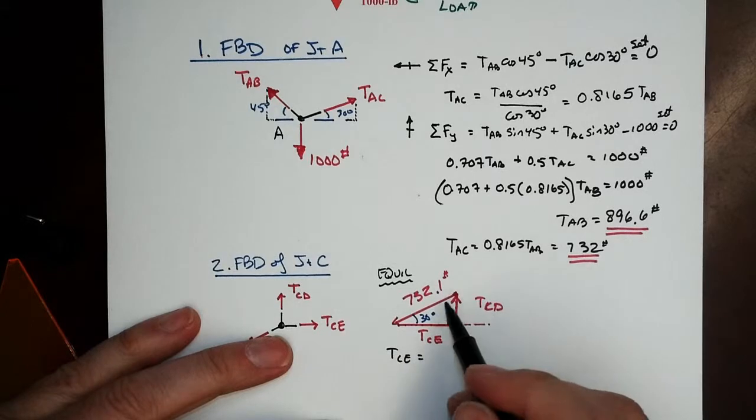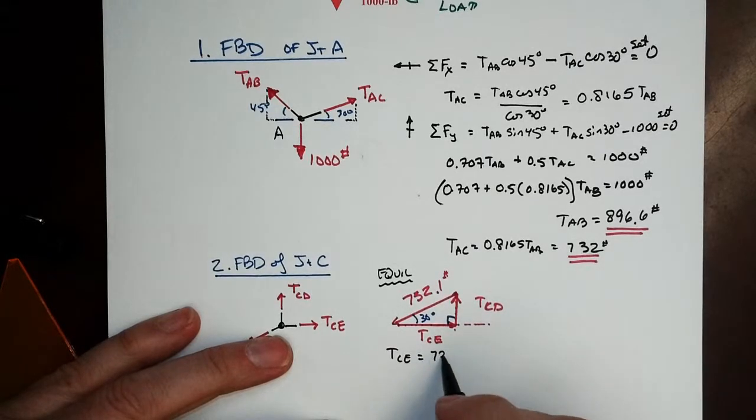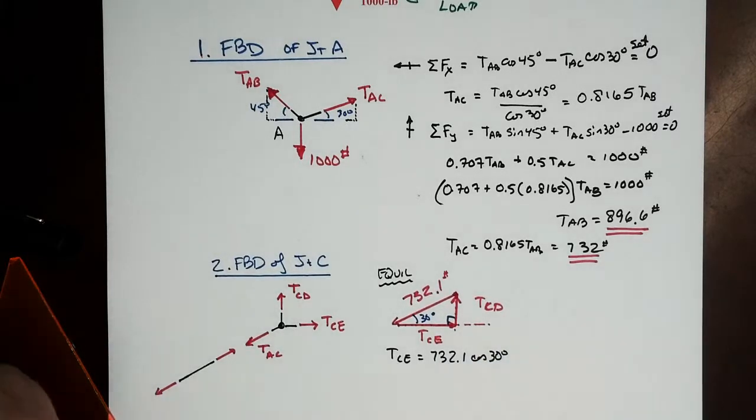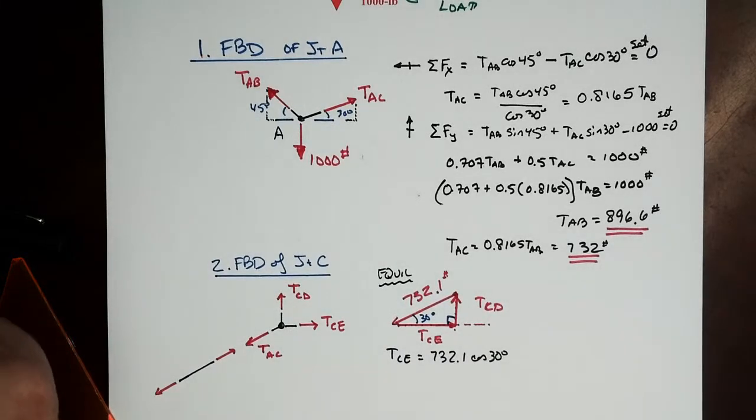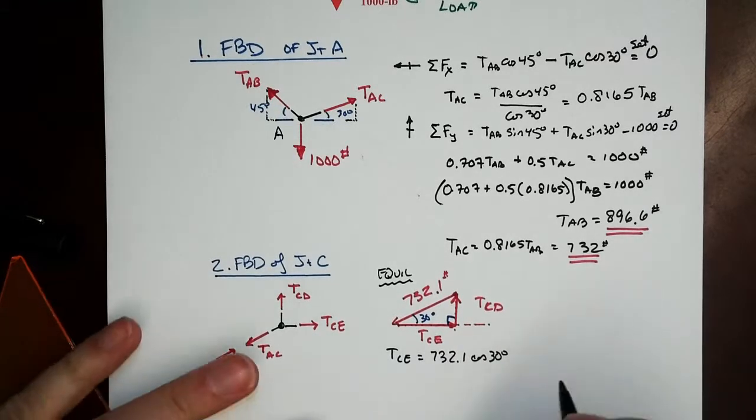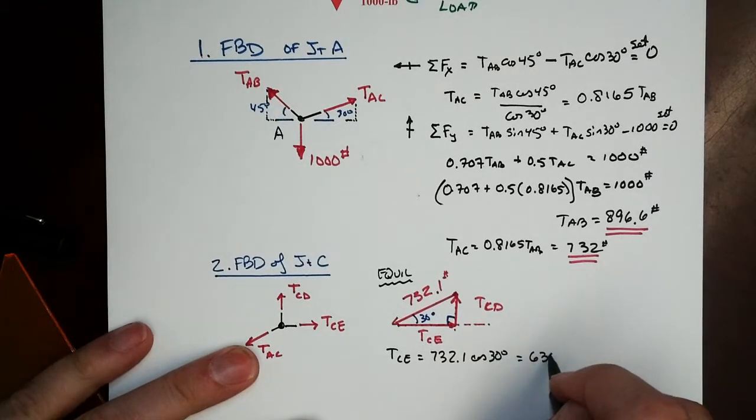TCE is going to be equal to 732.1 times the cosine of 30 degrees, which is root 3 over 2, right? Cosine 0.866. And that will be, whoa, I got 845. That's not right. It can't go up. That's times 30 cosine. There we go. 634.0 pounds.